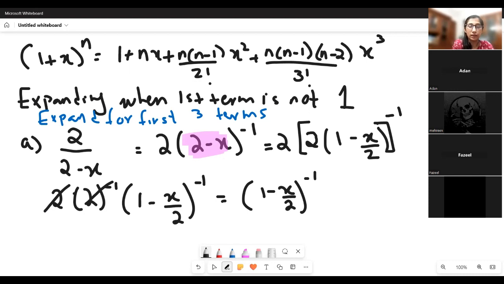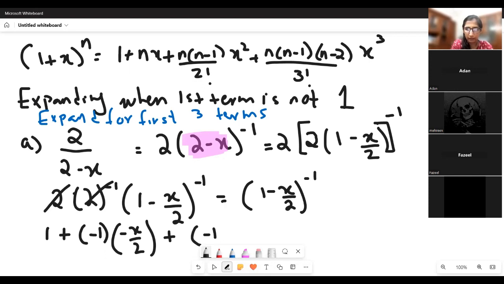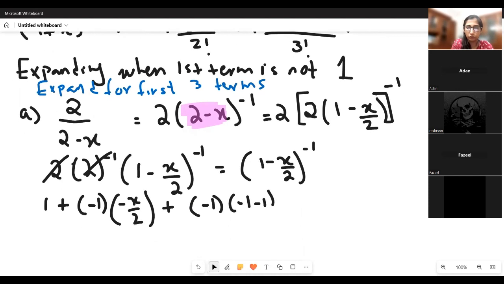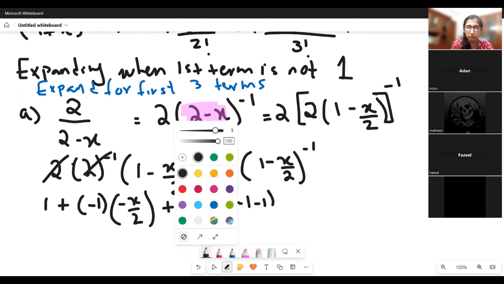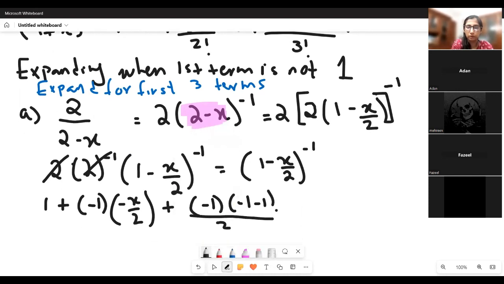So 1 remains 1 plus minus 1 times minus x upon 2 plus n, n minus 1 upon 2 factorial times x squared.